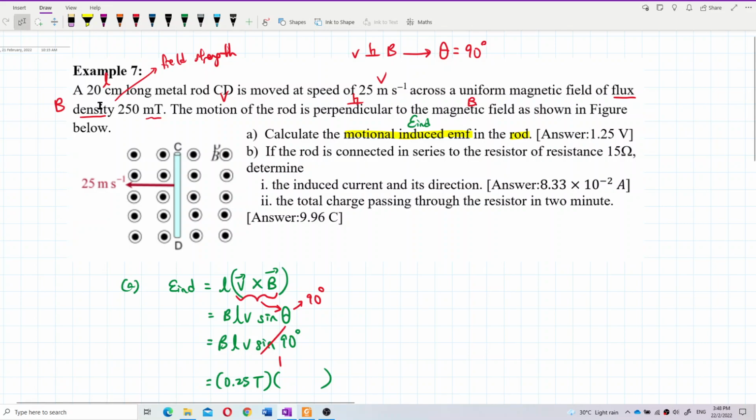So it's 0.2, not 0.02. Velocity is 25, and sin 90 is 1.